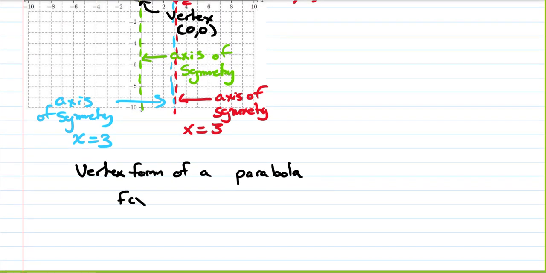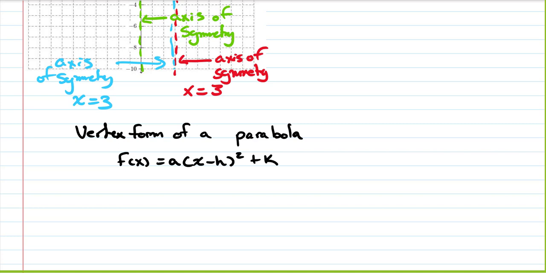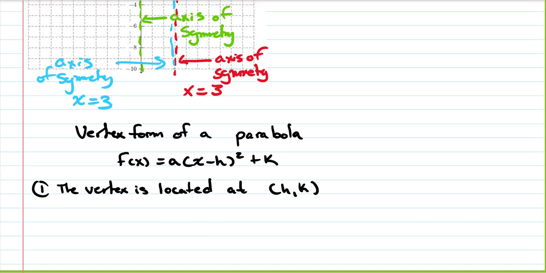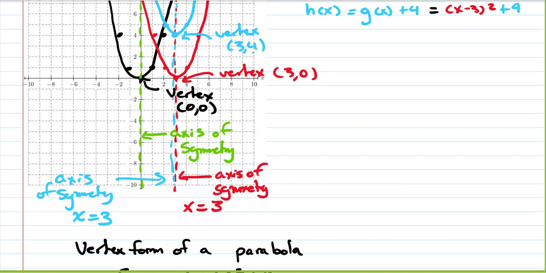So if we write it as f of x equals a times x minus h squared plus k, this is our vertex form. The vertex is located at the point h comma k, because it shifts it right h units and up k units, just like what we saw up here.